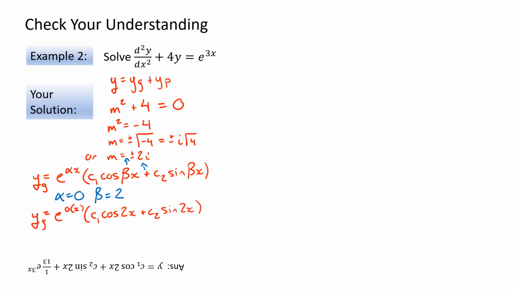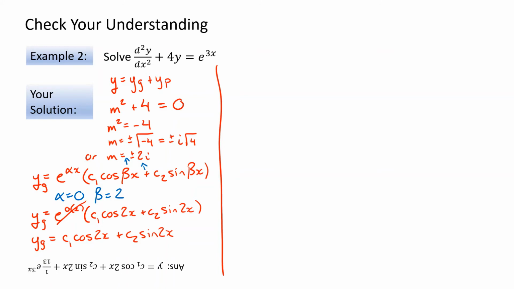Okay, remember, since this just cancels, our general solution is simply c1 cosine of 2x plus c2 sine of 2x. Okay, so again, as simple as that, you follow the exact same methods from our last 2 lessons, and you have the first half of your solution to this problem.